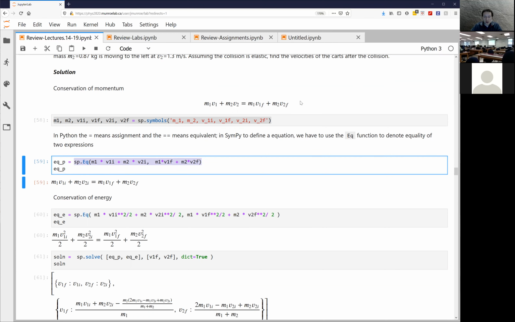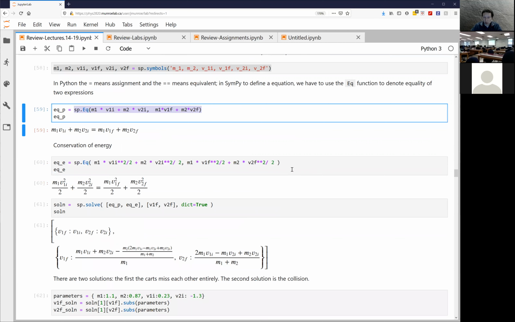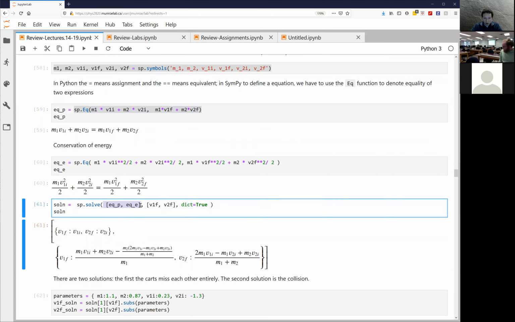So not only do you have conservation of momentum in a collision, but you may have conservation of energy if it's a perfectly elastic collision. Here's how I can solve a pair of equations, an equation for momentum, an equation for energy, for the velocities v1f and v2f.